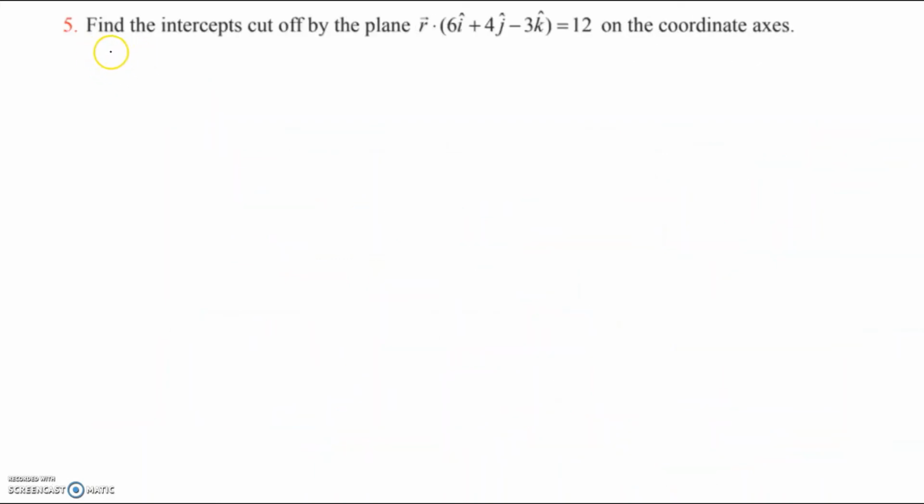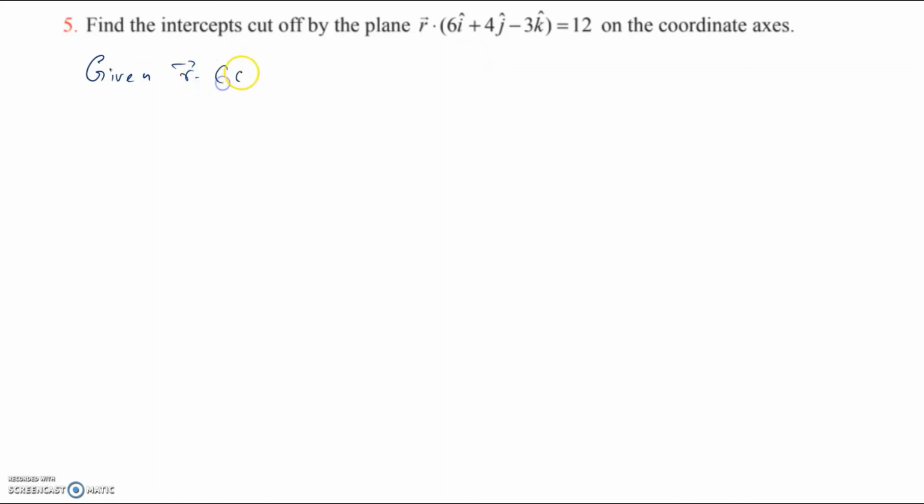Question number 5. Find the intercepts cut off by the plane r dot product with 6i cap + 4j cap - 3k cap equal to 12 on the coordinate axis. So we are asked to find the intercepts cut off by the plane on the coordinate axis, and given to us is this equation of the plane.